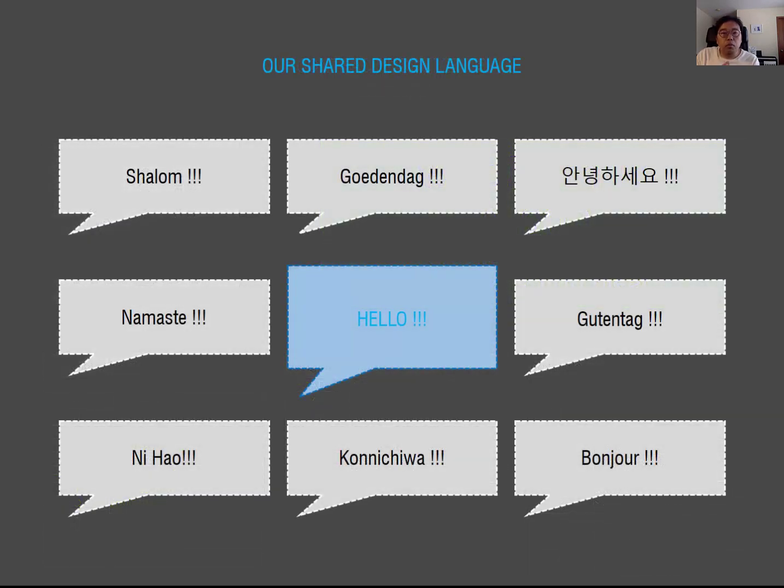And then the shared design language. You can see everything has a different hi: shalom, annyeonghaseyo, namaste, guten tag, ni hao, konnichiwa, bonjour. So there are lots of different languages here. But we have to know what your common language is to discuss with other people.